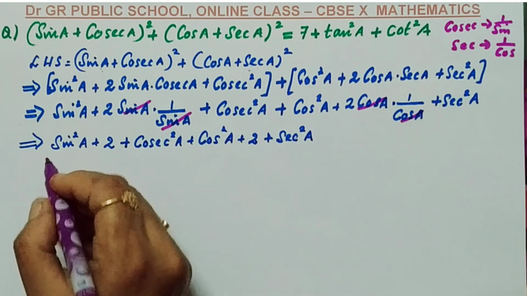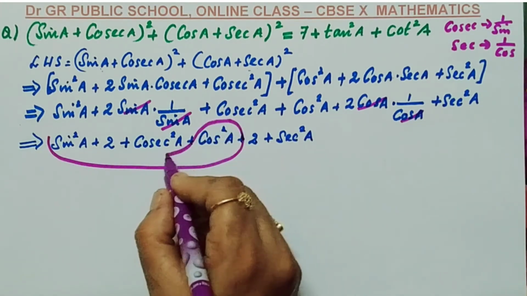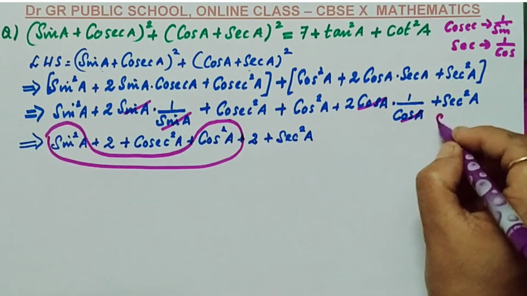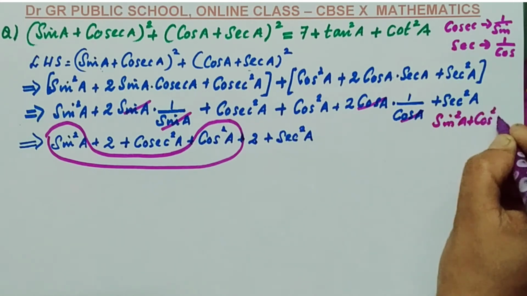Again you know sin square A plus cos square A. If you combine sin square A plus cos square A, you get the answer 1. Sin square A plus cos square A is known to be 1.